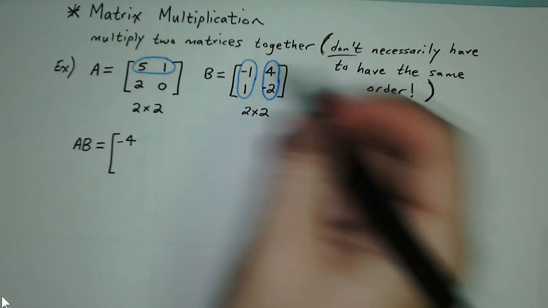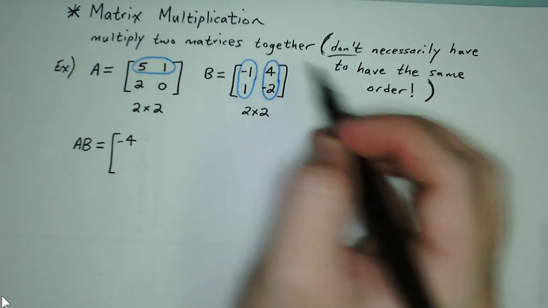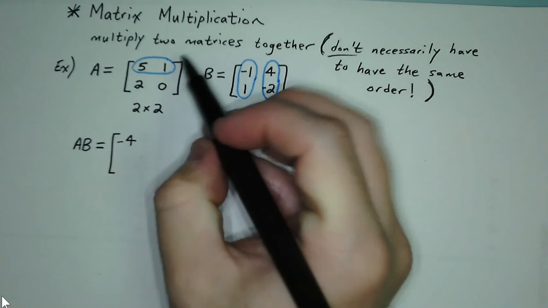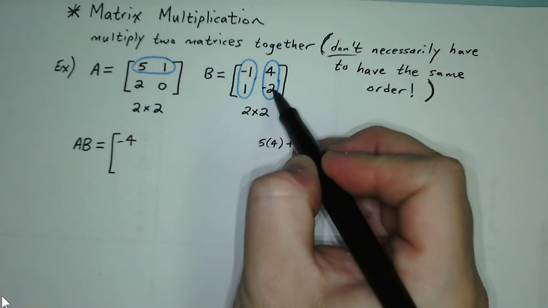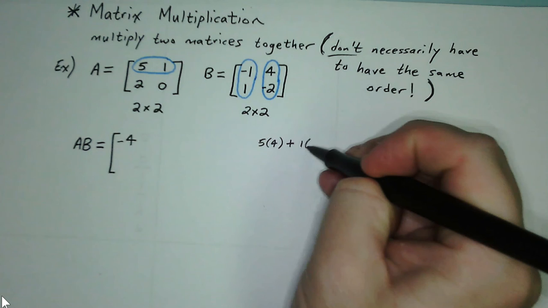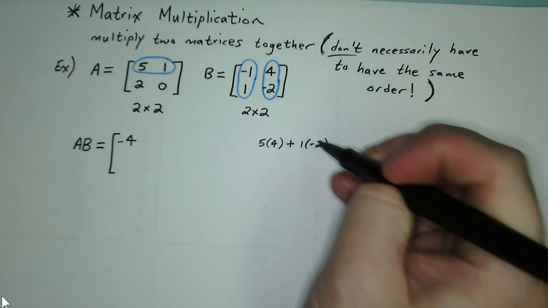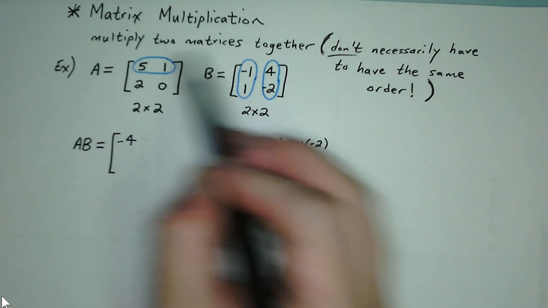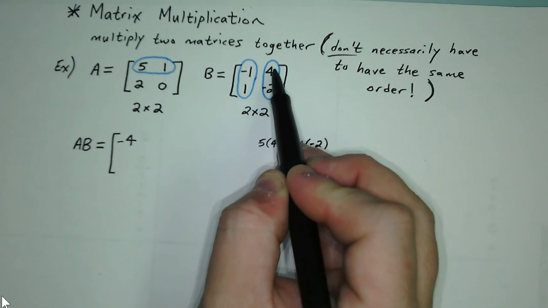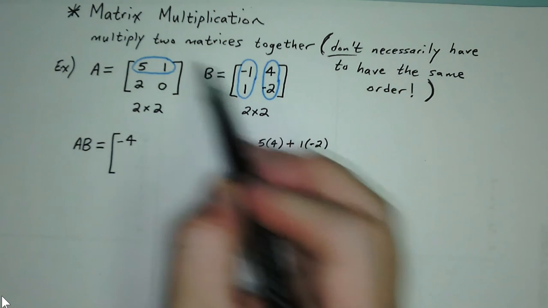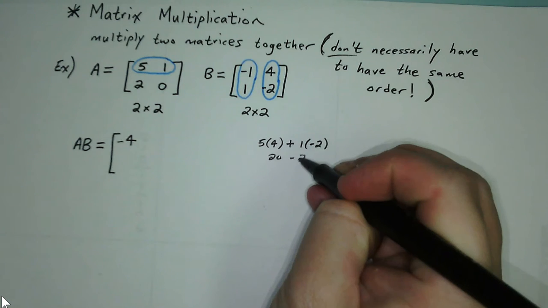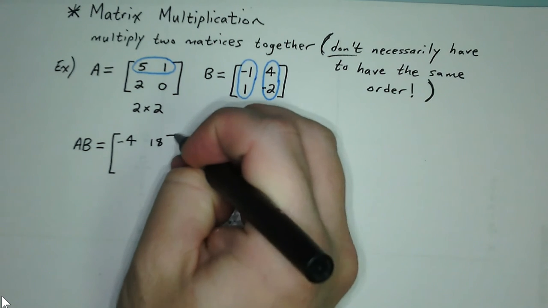You might want to go off on the side and write down 5 times 4 plus 1 times negative 2. Don't feel bad about writing all this out off to the side. So again, first number 5 times first number 4 plus second number times second number. That's 20, and then that's a minus 2. So that's 18.